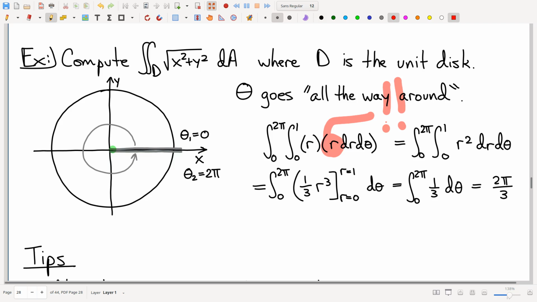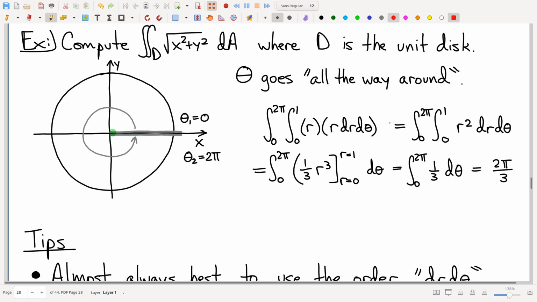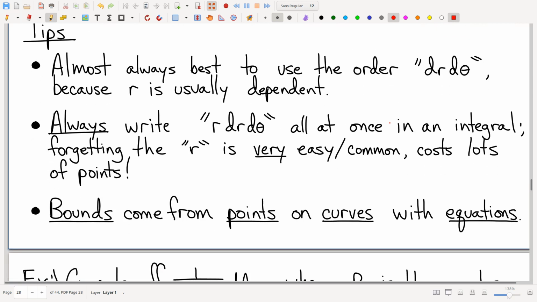Okay. Now we're going to do some more examples, but I want to hit some tips and tricks first. You do have 2 different choices as to how to order your differentials. Here's the good news. It's almost always best to use this order.